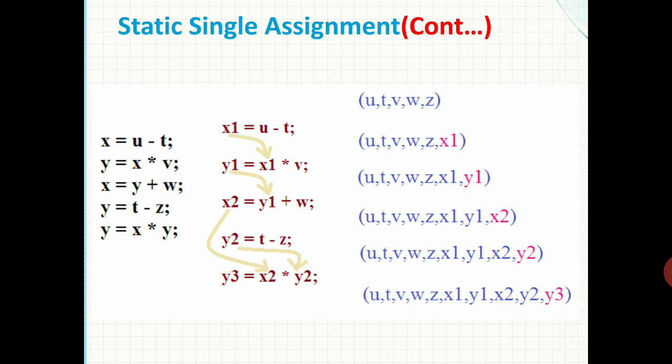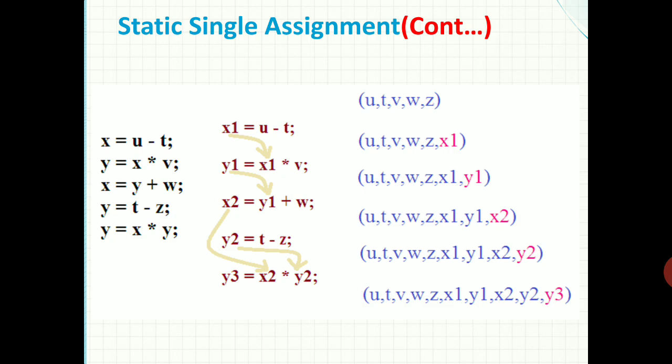That is the case. Now the code will become: initially it contains u, t, v, w, z as a set of variables used. After the initial assignment of x1 equal to u minus t, the number of assignment statements is increased by 1.